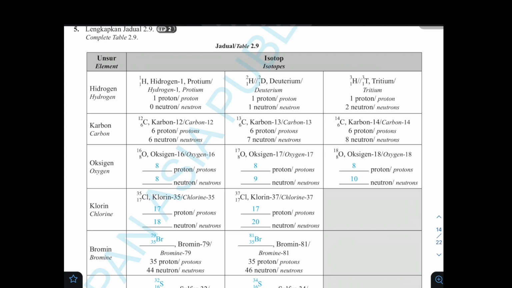For hydrogen 1, it has a 1 proton number and 0 neutron. Dan hydrogen juga dia wujud dalam bentuk 2 1H. 2 1H maksudnya, ataupun saya boleh panggil dia deuterium. Okay, for 2 1H, it has a 1 proton and 1 neutron.